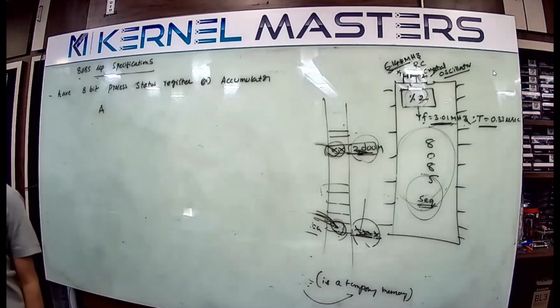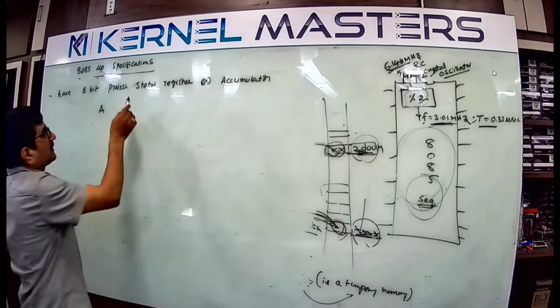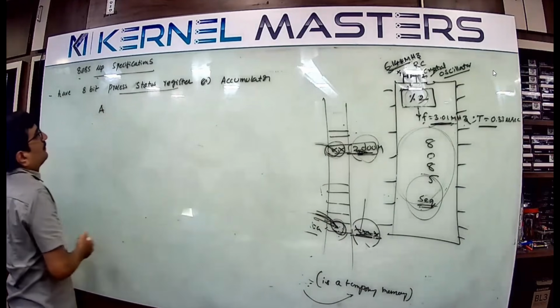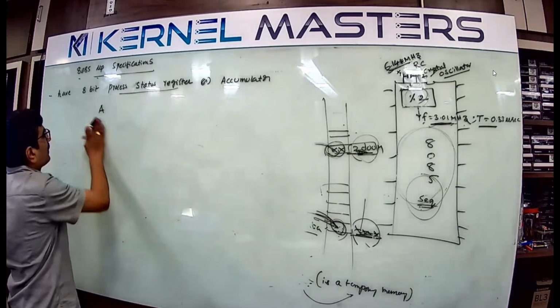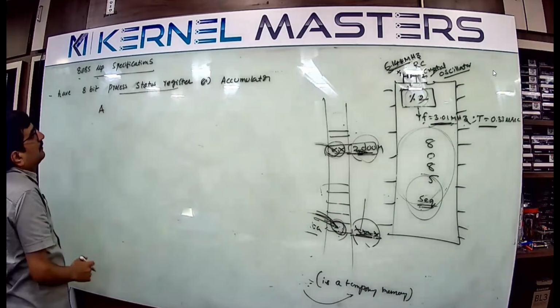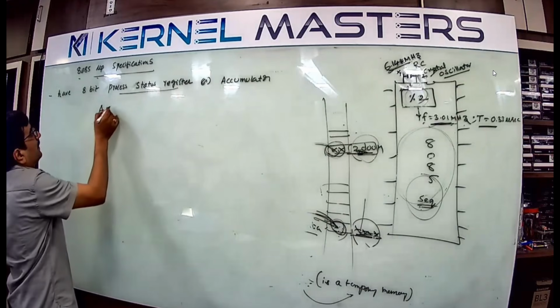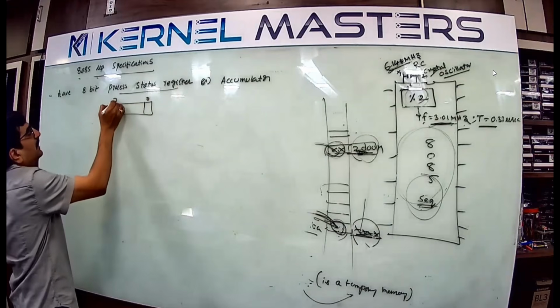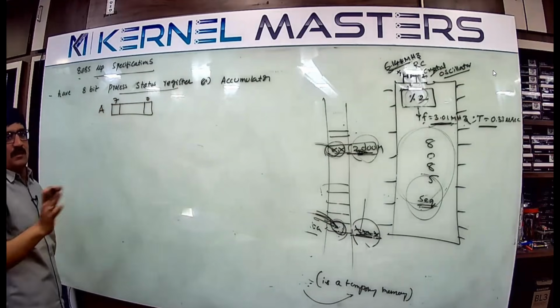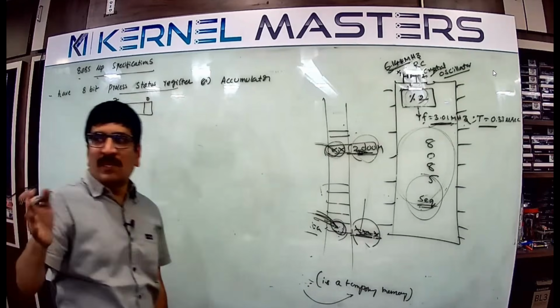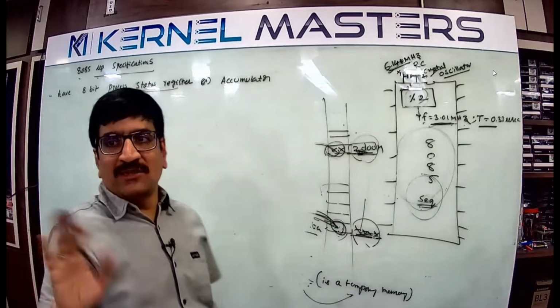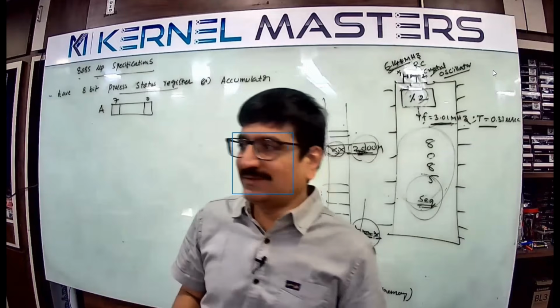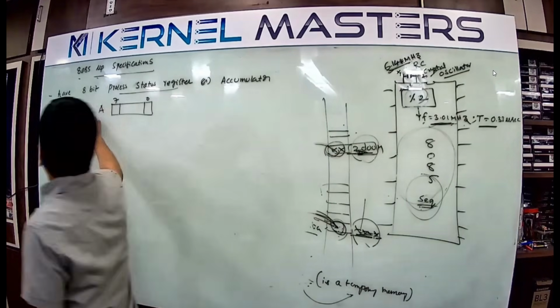Don't call it a general purpose register. It is simply called the 8-bit process status register. It is an 8-bit register like B, C, D, but it is a separate category. A pair is not possible, like a BC pair. It is a separate 8-bit register.